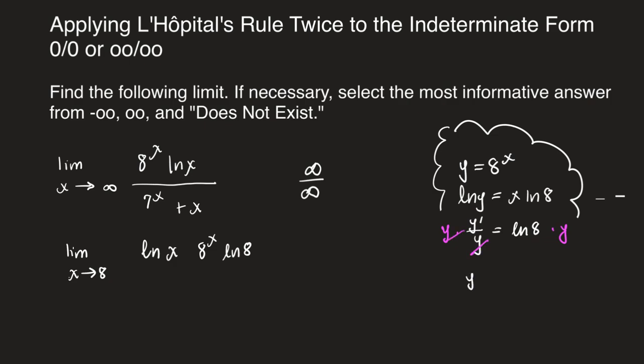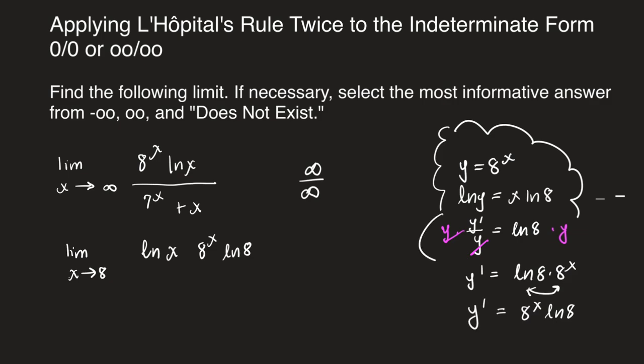And then we have y prime. And then we'll rewrite y with what it's equal to, which is 8 to the x. So we have ln of 8 times 8 to the x. I'll commute these two factors, so I'll have 8 to the x times the natural log of 8. So that's what y prime is.